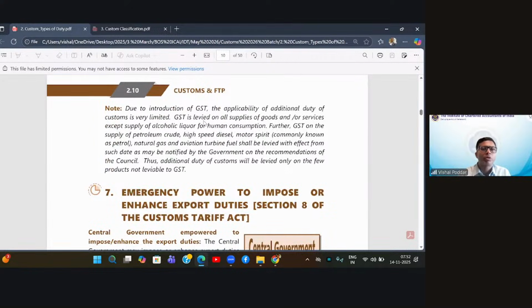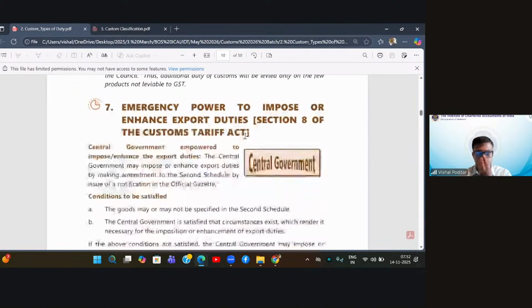Again, post introduction of GST, as we all know, now these duties are limited only to liquor for human consumption and the petroleum products. Hence, at the time of import, if these goods are imported, then only you have the special additional customs duty. Fine.